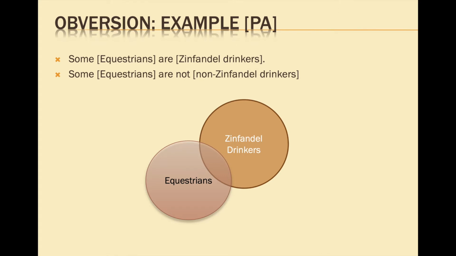And it's also the same visual representation when we say some equestrians are not non-Zinfandel drinkers, because non-Zinfandel drinkers would be everything outside the Zinfandel drinkers circle. And we see that indeed, because there's some overlap here, there are some equestrians who are not outside that circle, that is, not non-Zinfandel drinkers.